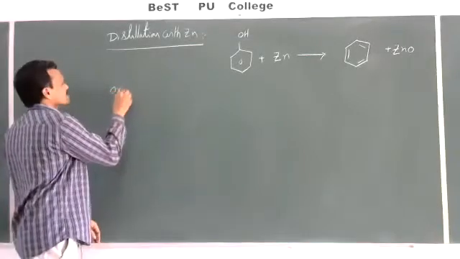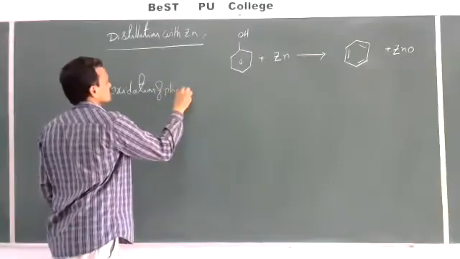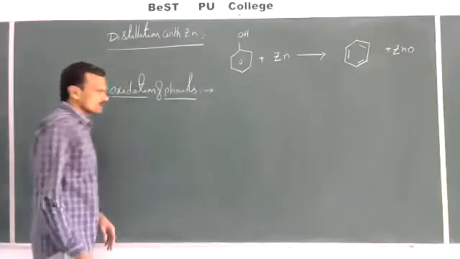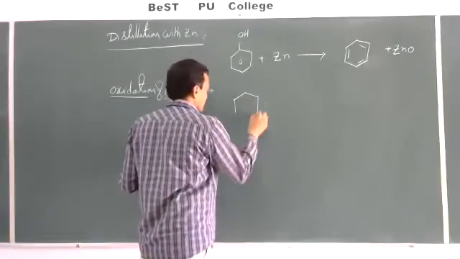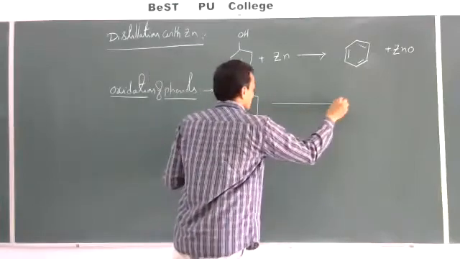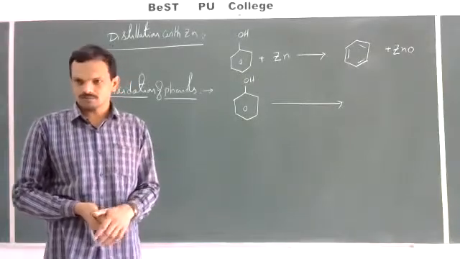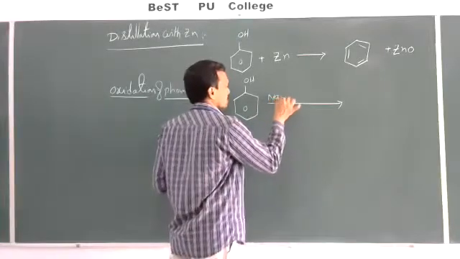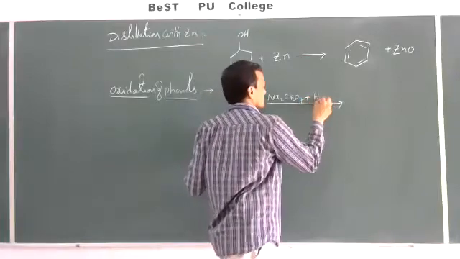Next, oxidation of phenols. Oxidation of phenol with chromic acid. Chromic acid is H2CrO4, obtained by the reaction of sodium dichromate, Na2Cr2O7, with H2SO4.